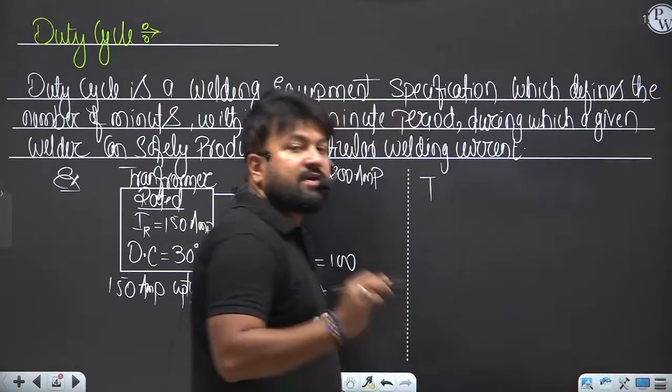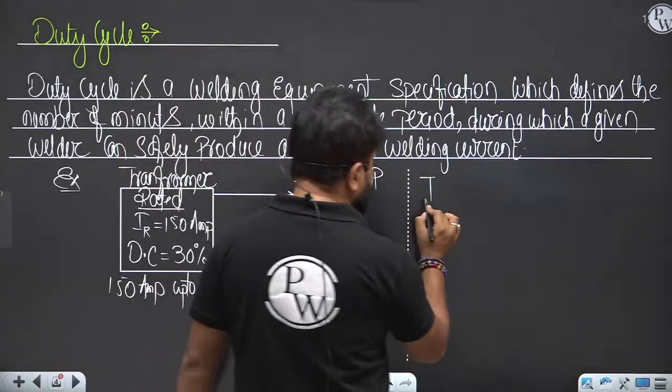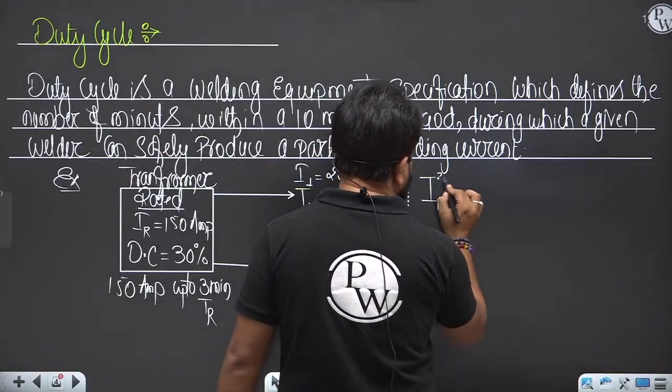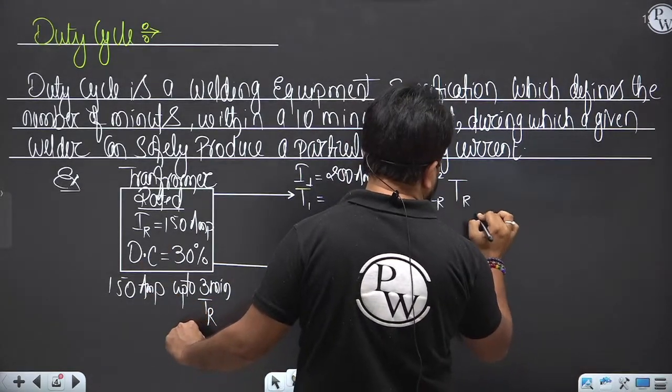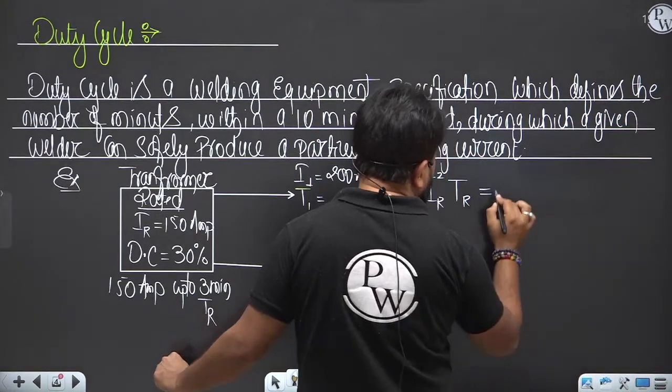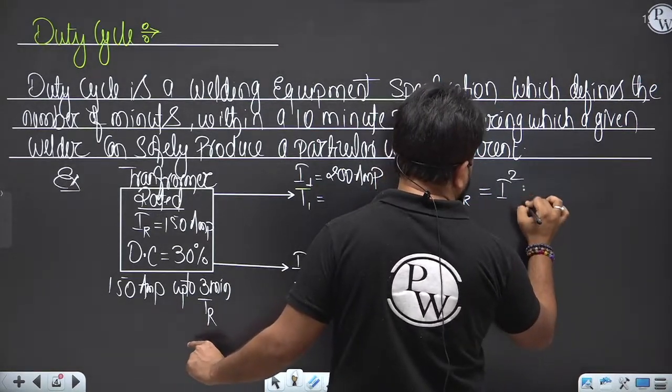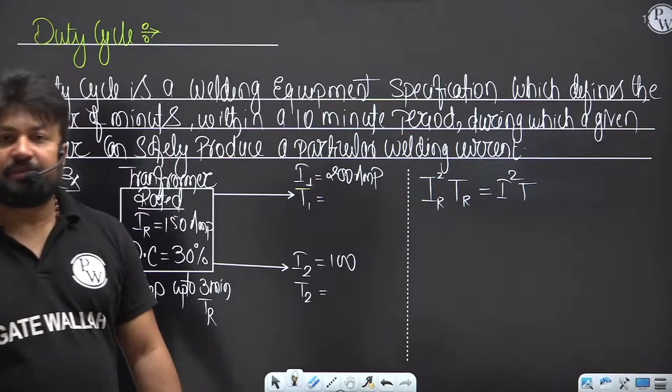That is, rated current squared into rated time period, or rated duty cycle, equals whatever current squared into whatever time.